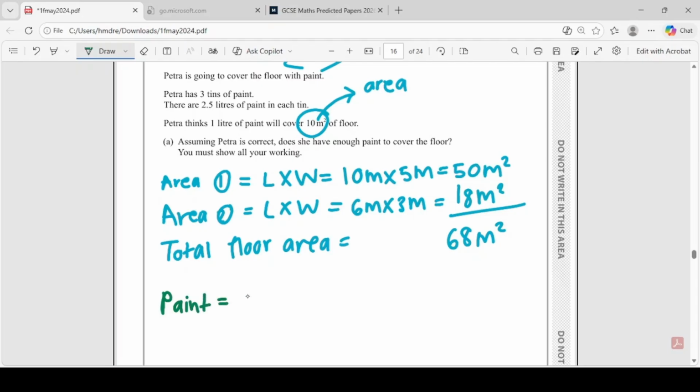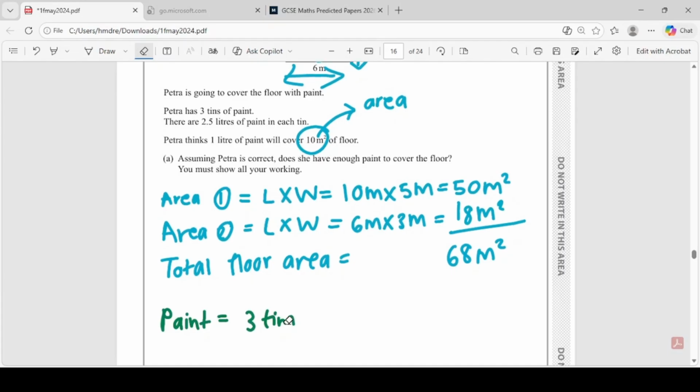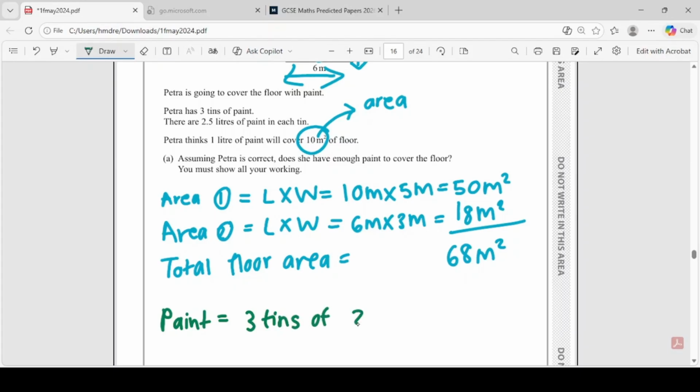So paint, she's got 3 tins of 2.5 liters. So that's 3 times 2.5. 2.5, 5, 7.5. So she's got 7.5 liters of paint.